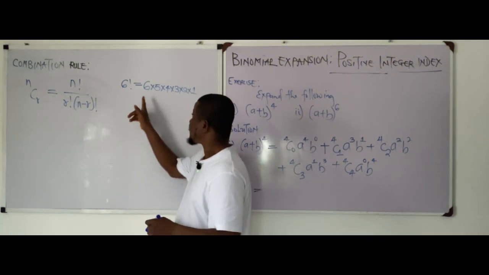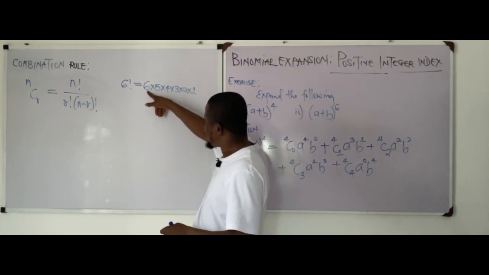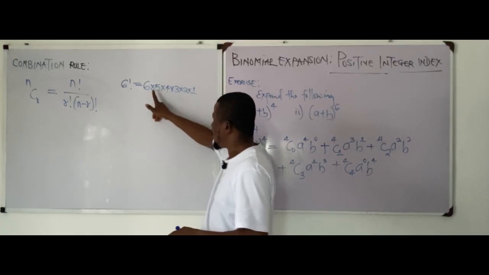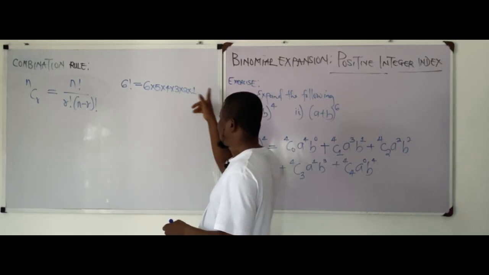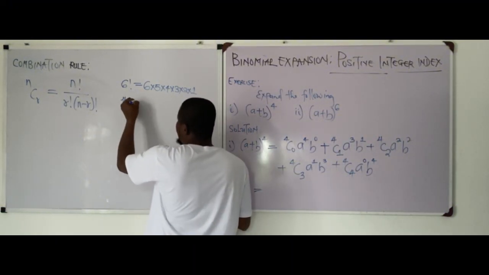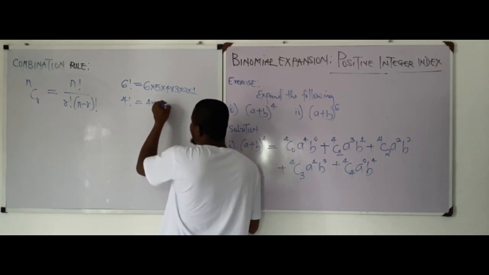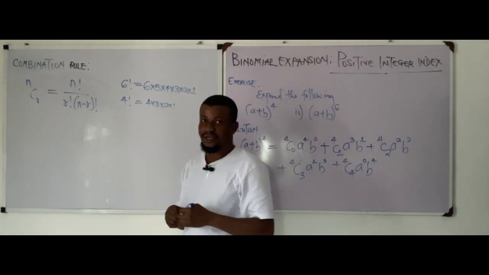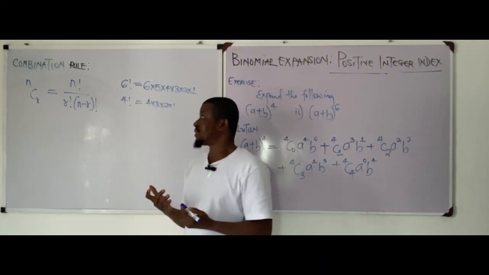This is what factorial means: the multiplication of this particular number by reducing each of them by 1. 6, reduce 6 by 1, you have 5. Reduce 5 by 1, you have 4. Reduce 4 by 1, you have 3. That's a factorial. 4 factorial is 4 times 3 times 2 times 1. This is factorial.